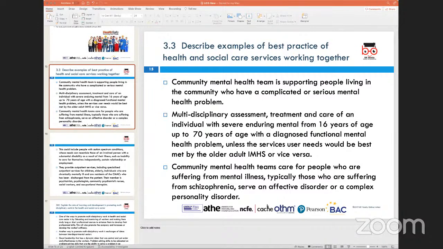Palliative care could be for people diagnosed with cancer, for example, or who have some sort of terminal illness. In those cases, you'll be looking at health and social care services coming together along with the local authorities and the community services to provide care to the patient.